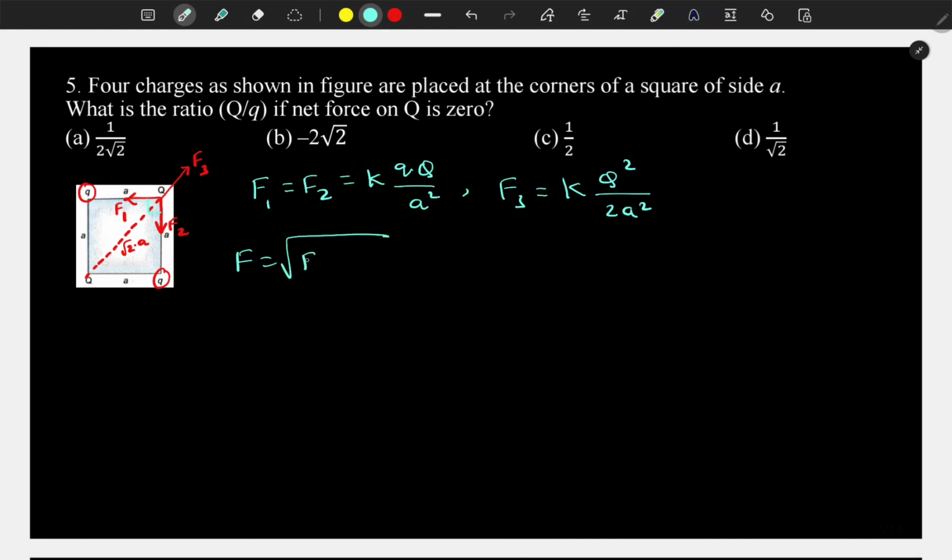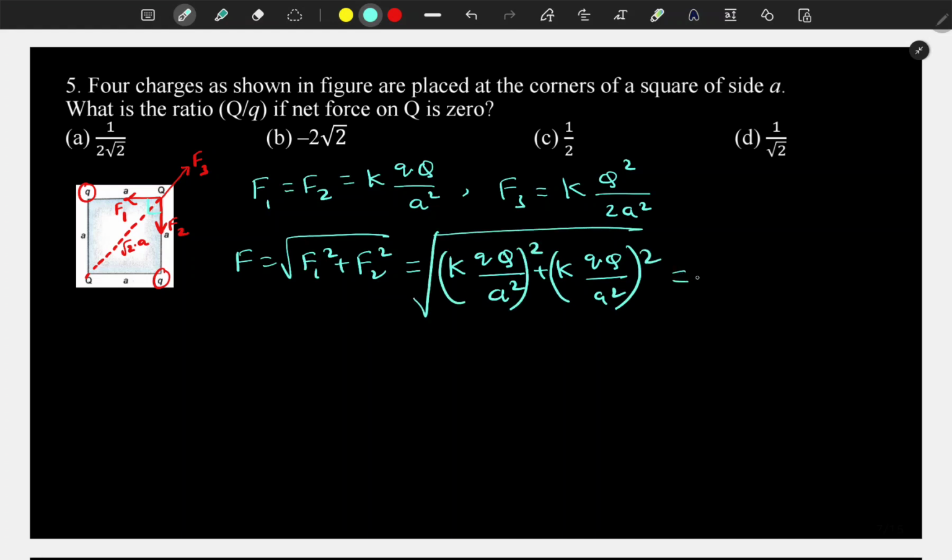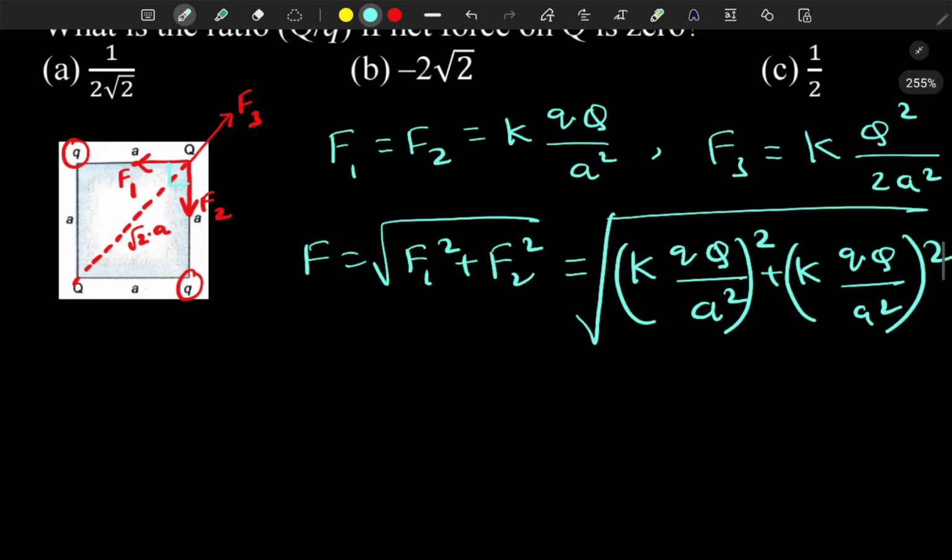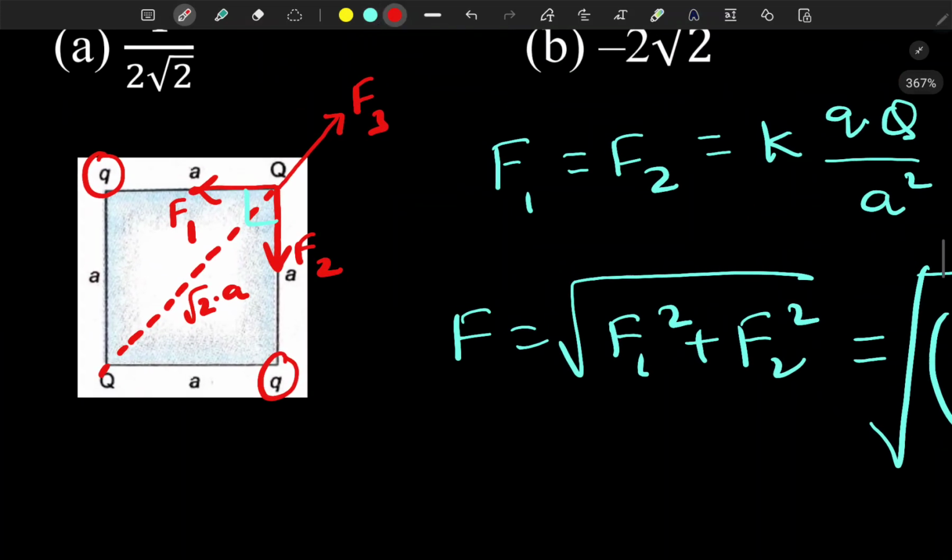F is equal to square root of f1 square plus f2 square, that is equal to the root of kq capital Q divided by a square whole square plus kq capital Q divided by a square whole square, that is equal to root 2 times kq capital Q divided by a square. This is the resultant force for f1 and f2. So that resultant force will be acting diagonally in this direction, that is f.